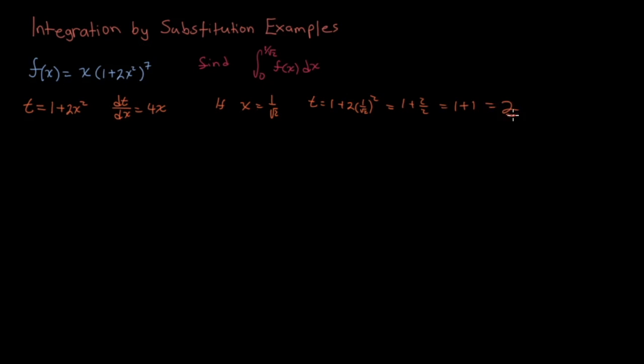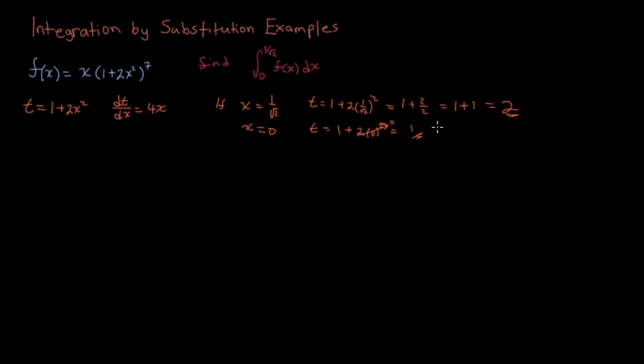So that's our first interval. And if x is equal to 0, then we know that t is going to be equal to 1 plus 2 times 0 squared, which is just going to be 1.